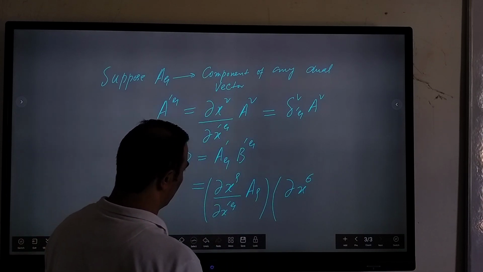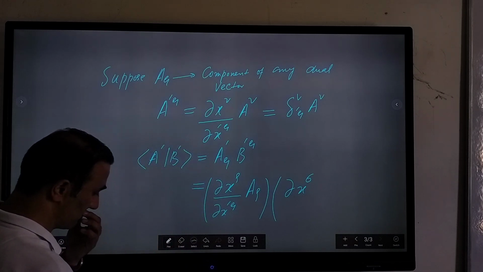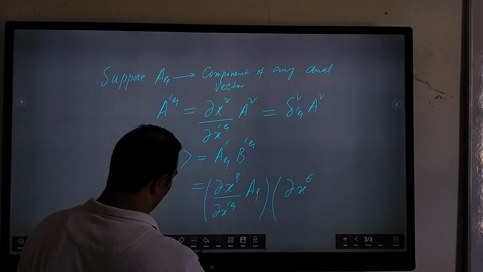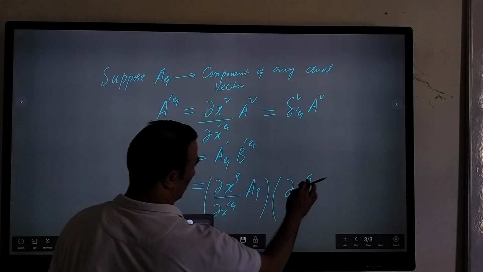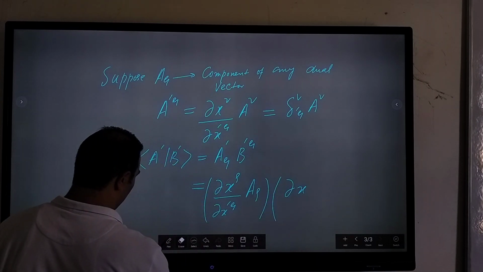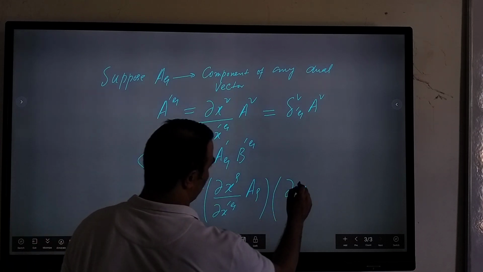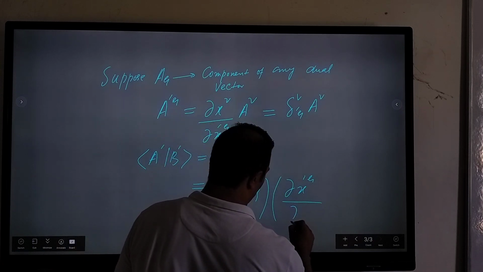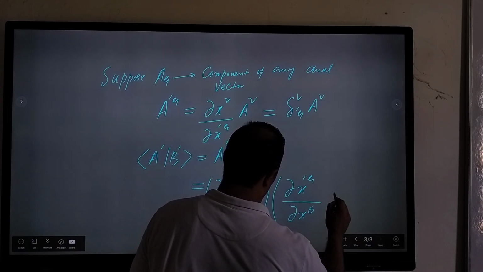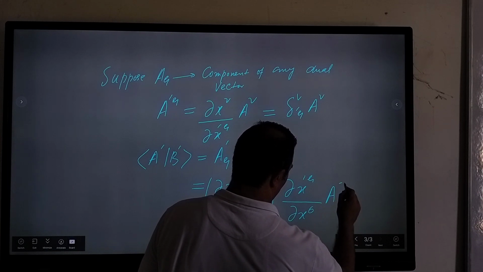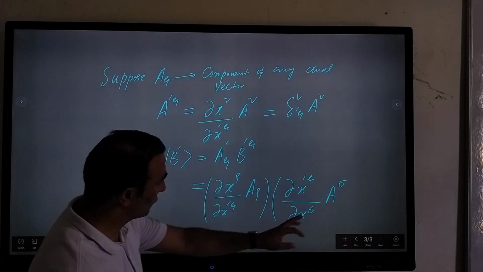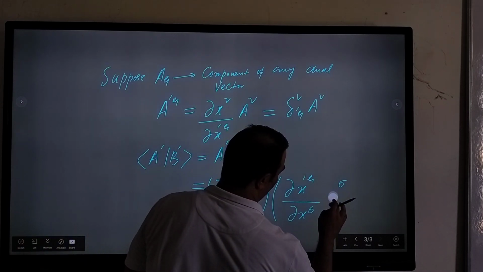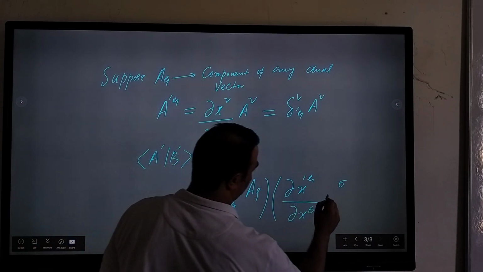Okay, so sorry, you need to write here, you can erase this thing, you can write partial x prime mu. So again I made a mistake here, so this should be B.